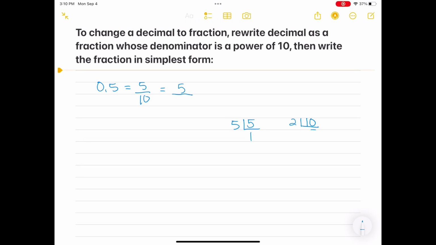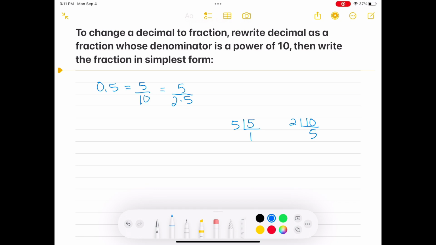So the numerator 5 is a prime factor, and the denominator 10 has two factors, 2 times 5, and now we just cancel out the common factor 5 for both the numerator and the denominator, leaving 1 in the numerator and 2 in the denominator, or 1/2.